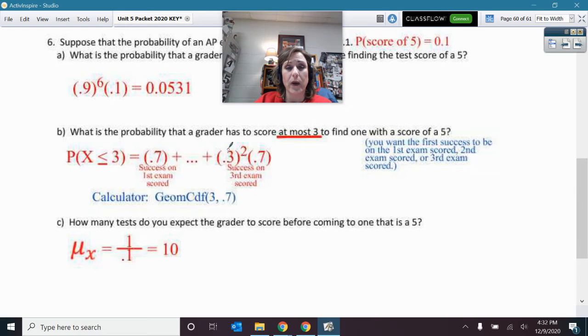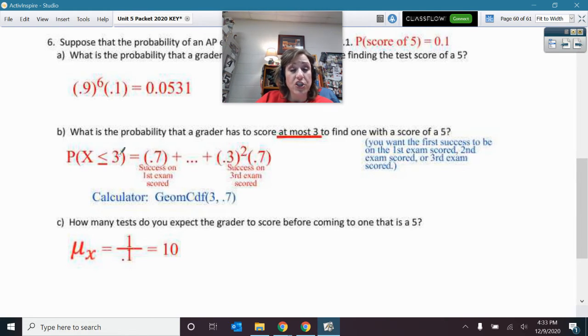What's the probability that the grader has to score at most 3 to find a 5? So that is less than or equal to 3. So they get a success on the first, or they get a success on the second, or they get a success on the third.